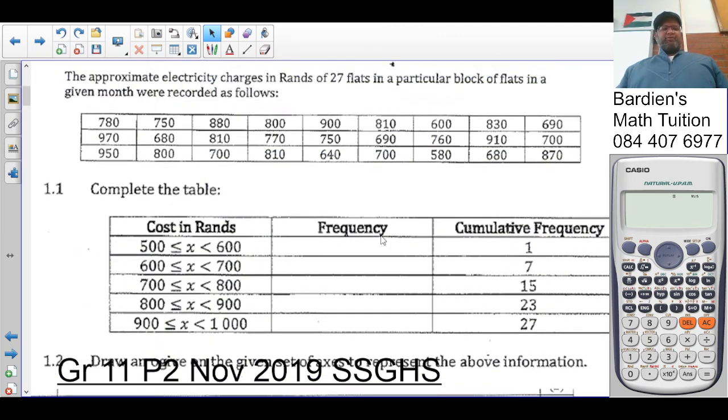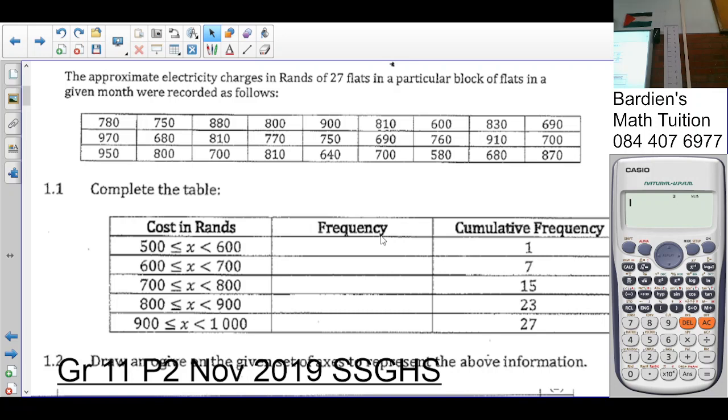Okay, so the question says the approximate electricity charges in rands of 27 flats in a particular block of flats in a given month were recorded as follows. You've got 780, 750. Are these numbers in order?